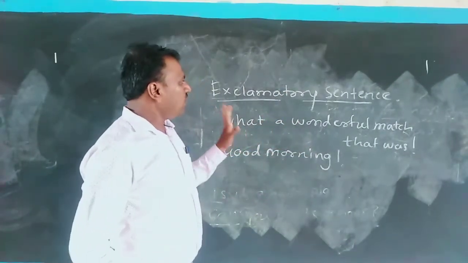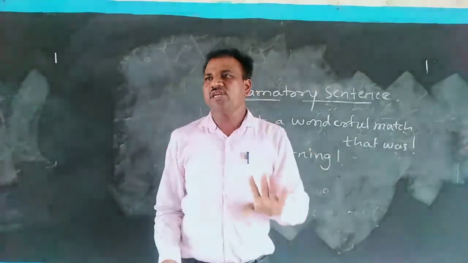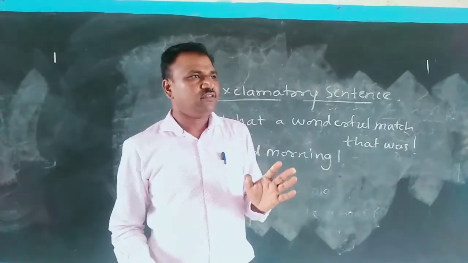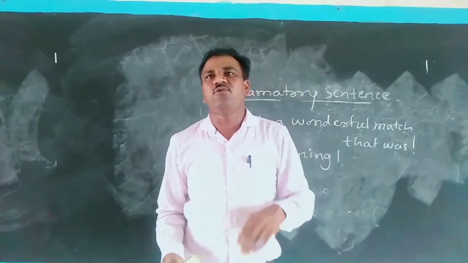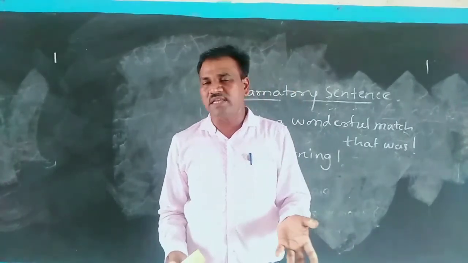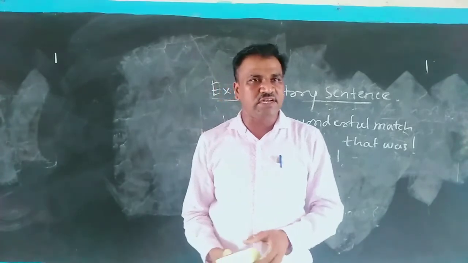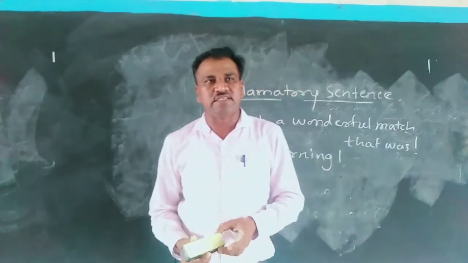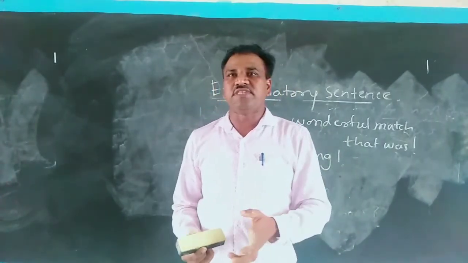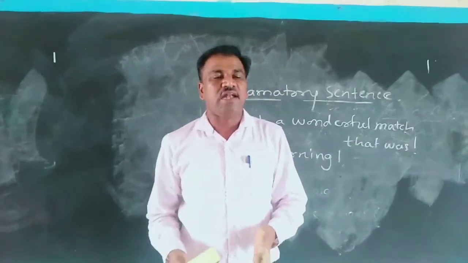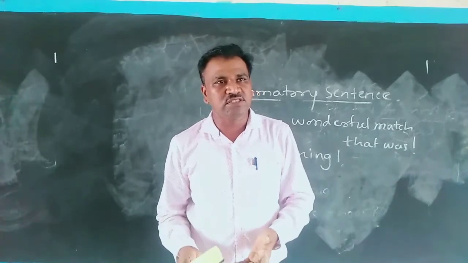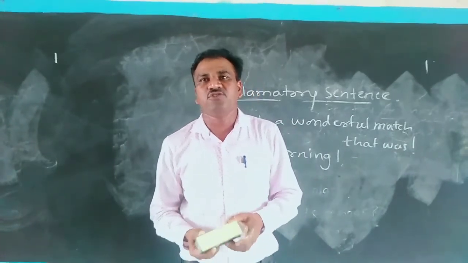These are the four major types of sentences in English. The first we have seen is the declarative sentence, where we declare or say something. The second type is interrogative sentences, in which we ask questions, and there are yes/no questions, WH questions and choice questions.